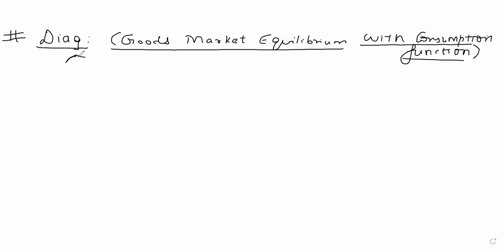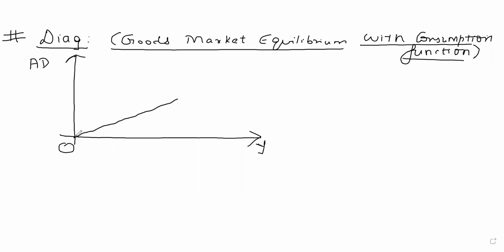One is the diagram for consumption. We have income measured on the horizontal axis. We have the aggregate demand measured on the vertical axis. Remember, our output is equal to the planned aggregate demand. So our desired line is ideally the 45-degree line.